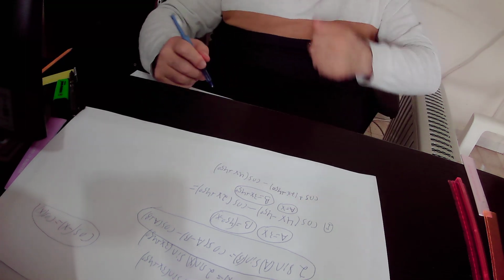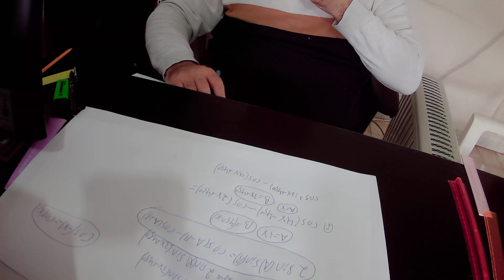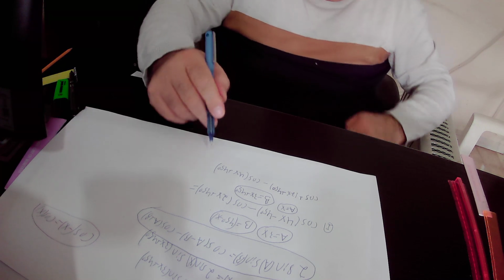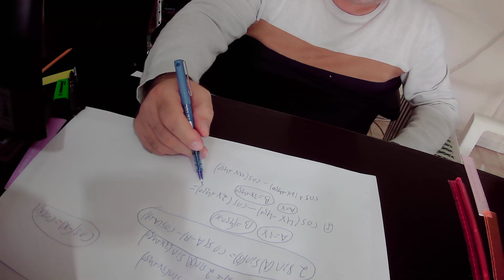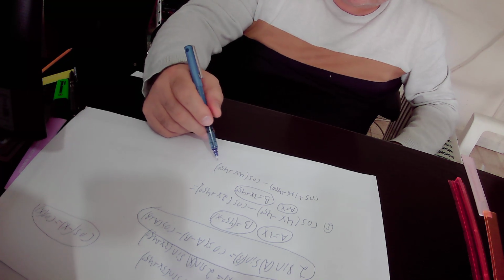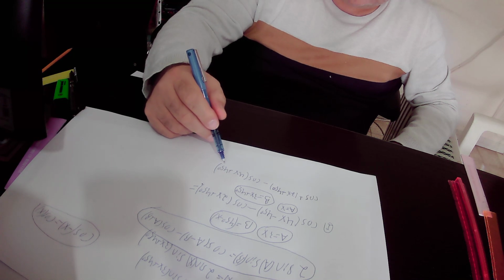Okay? So here we will add to this equation number 1, cosine 2x plus 45 degrees. So on this side of the equation we will have 2 times cosine 2x plus 45 degrees, and we will add to this equation also cosine 4x plus 45 degrees.